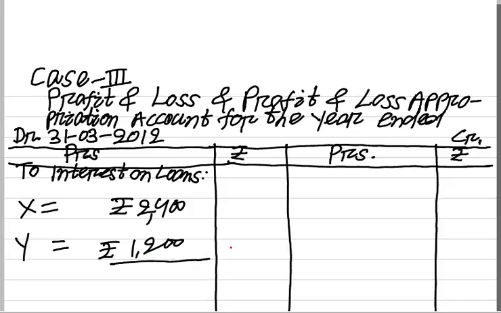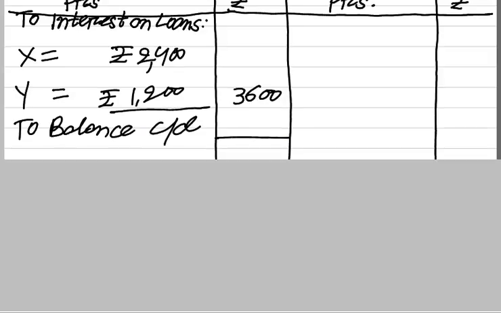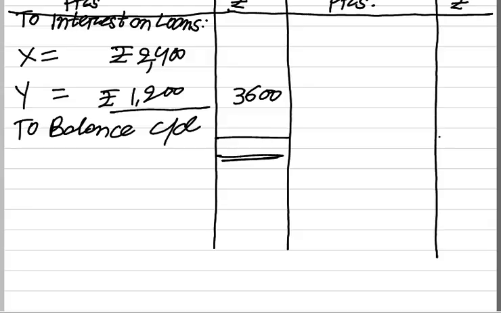These two amounted to 3600. To balance carried down. You see the next, the profit in this case given is rupees 5000, by net profit brought down is rupees 5000.